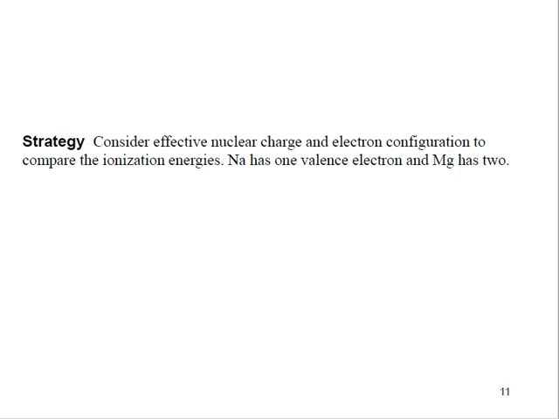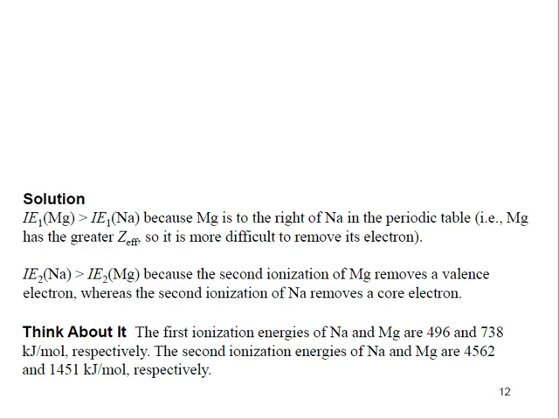One thing that we know off the bat is that sodium has 1 valence electron, it's in the first column. Magnesium has 2 valence electrons in the second column. Our solution is the first ionization energy for magnesium is greater than that of sodium because magnesium's to the right of sodium in the periodic table. The further you get to the right, the higher the energy.